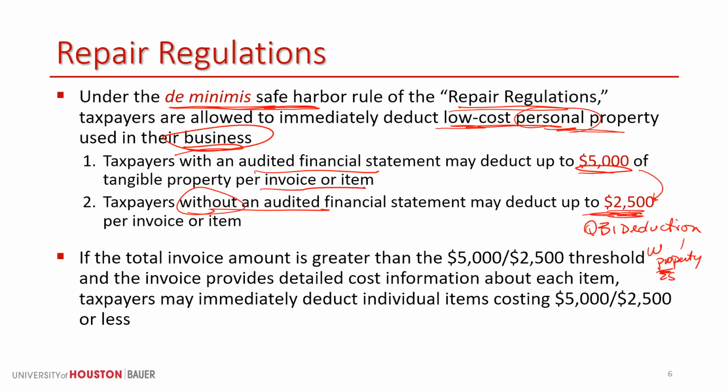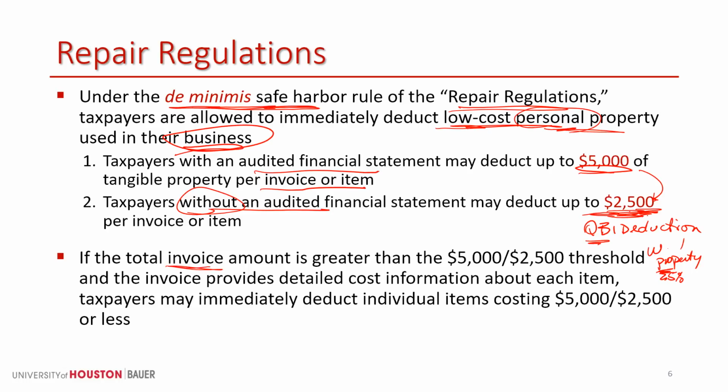Remember, there's that 2.5% that you're allowed to add to 50% of your wages and trying to give you a larger deduction. So just FYI, even though the de minimis safe harbor exists and you could go ahead and write this stuff off right away, it may not necessarily be to the taxpayer's benefit. Again, this is the sort of thing where tax gets really interesting because you're trying to trade off different rules to find out what's the best situation for a particular taxpayer.